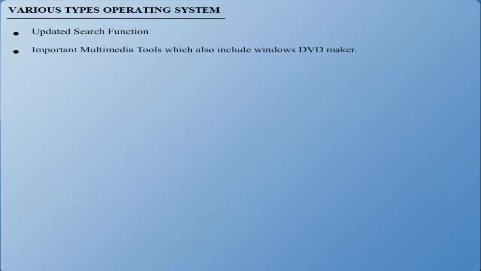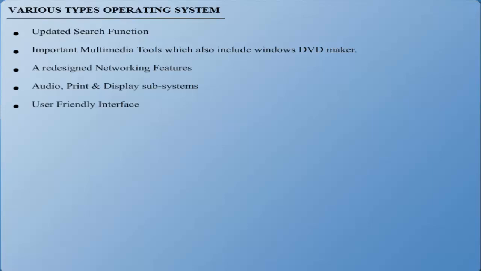E. A redesigned networking feature. F. Audio, print and display subsystems. G. User-friendly interface. This version of Windows included the feature .NET Framework, which allows software developers to write complex applications without traditional Windows APIs, application programming interfaces.